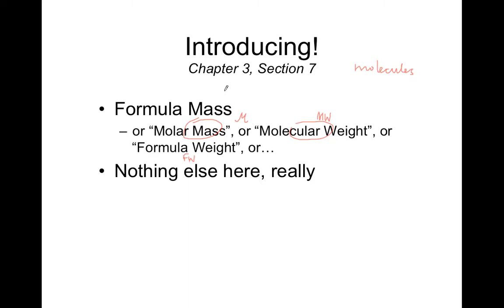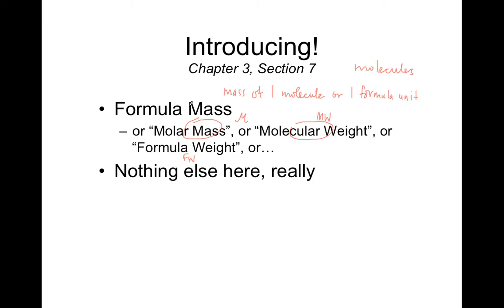Formula mass is generally going to be the mass or weight of one molecule, if it's covalent, or one, remember the term we used for ionic compounds? Instead of molecules, we said it was one formula unit, okay?